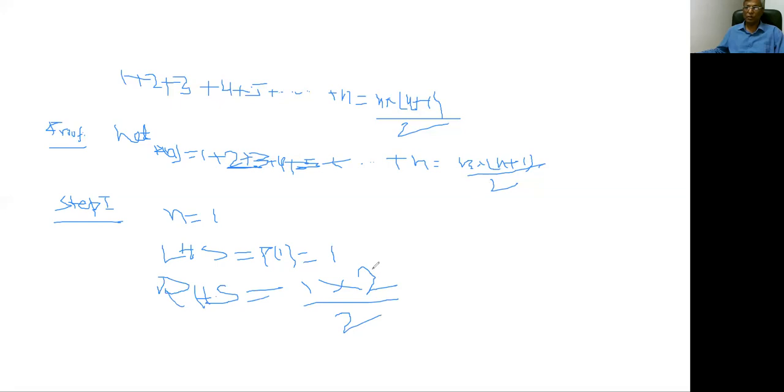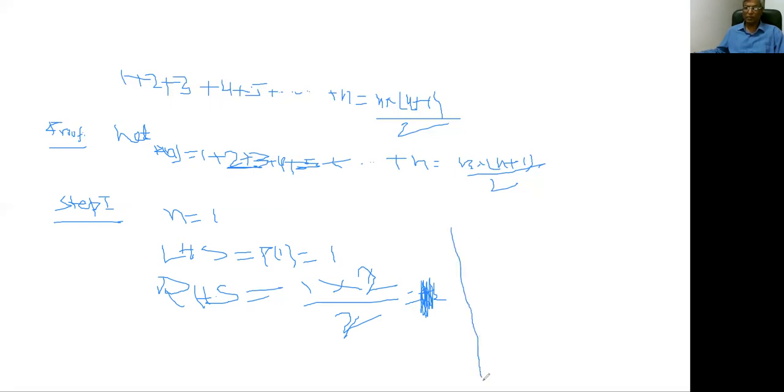These two and these two will be cancelled, then we get 1. So you see here in step 1, LHS is equal to RHS. So according to the principle, we see that this Pn is true for n is equal to 1.